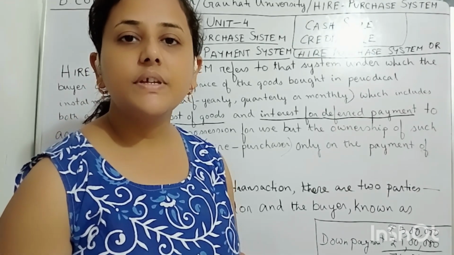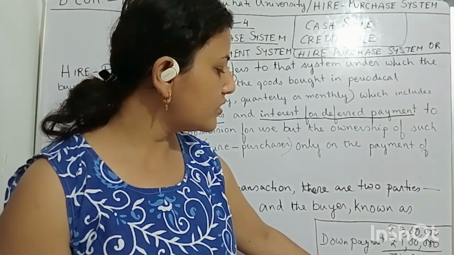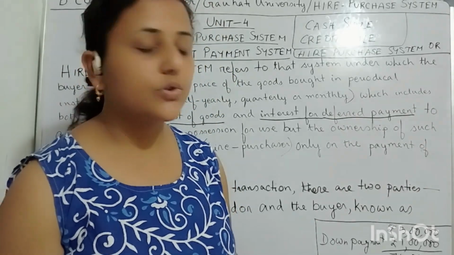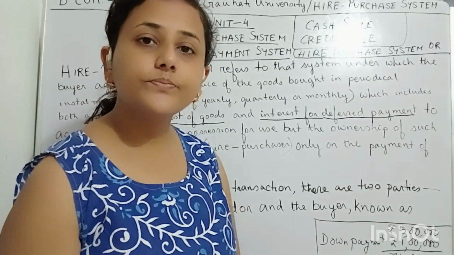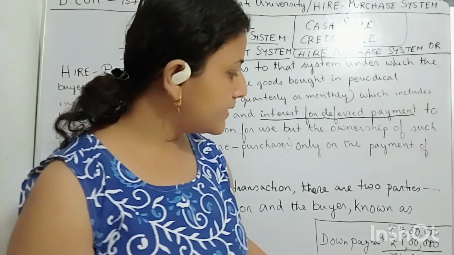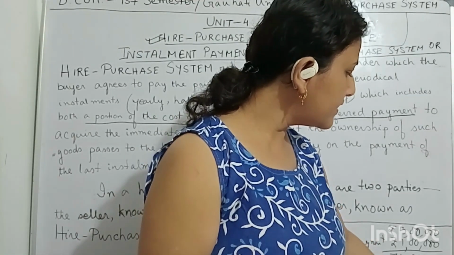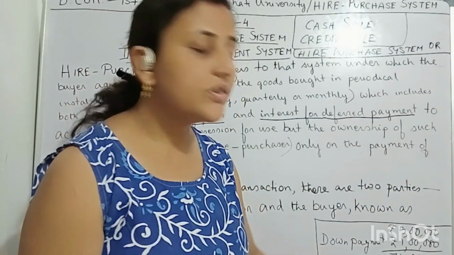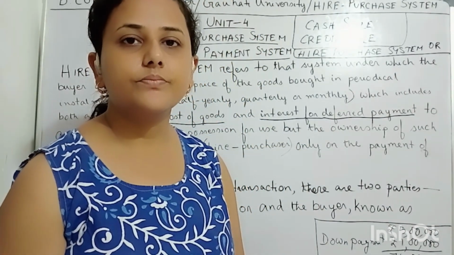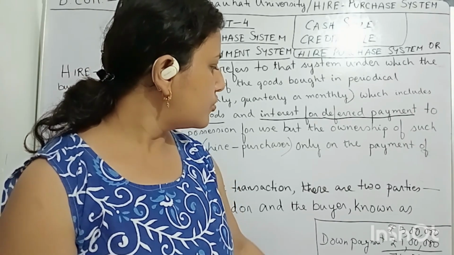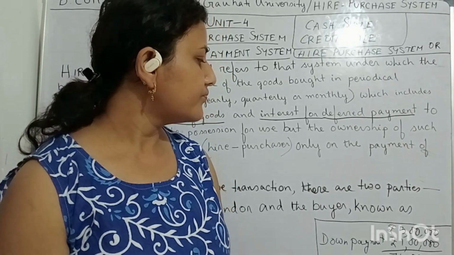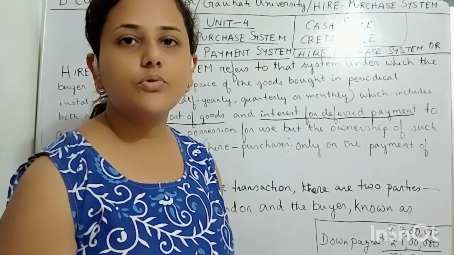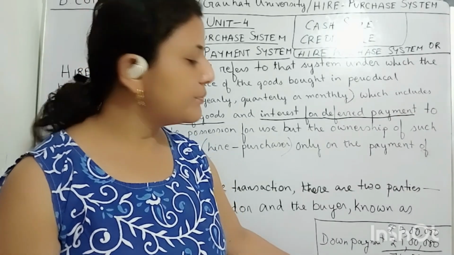There are 4 installments, on a yearly basis, meaning every year the person has to pay 1 lakh, and the rate of interest is given as 10% per annum, and interest will be paid. So this is how the hire purchase system is carried out in today's business world.